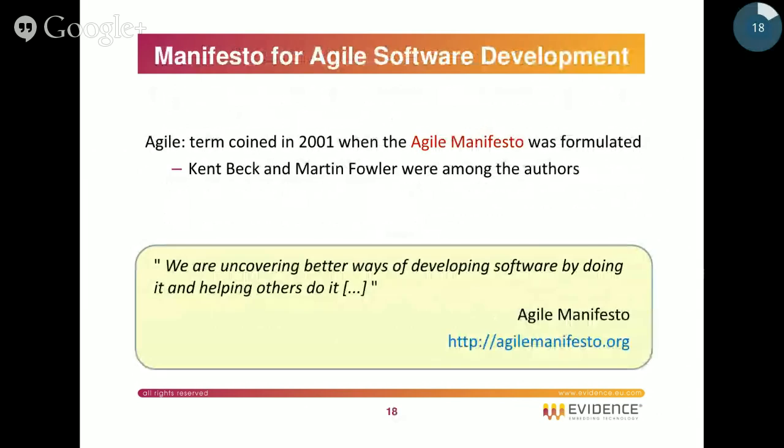The Agile Manifesto is these people proposing a complete change, and the complete change can be summarized as small iterations with customers in the loop. So the essence of agile software development is small iteration and customer in the loop.